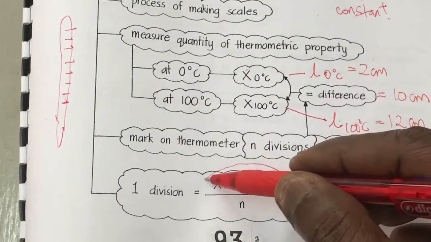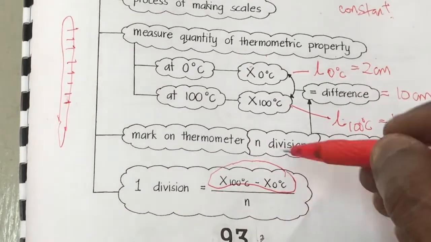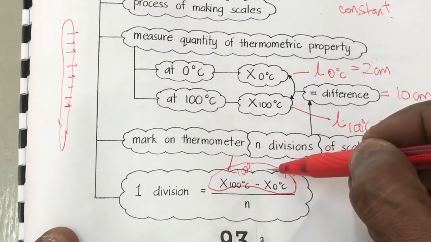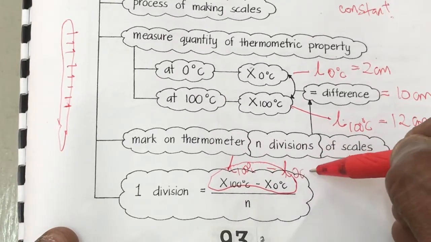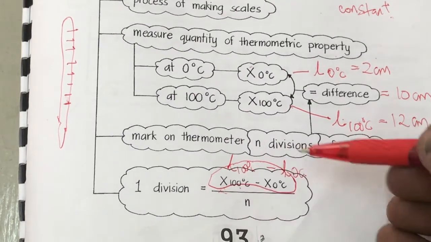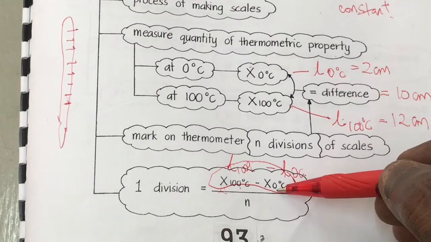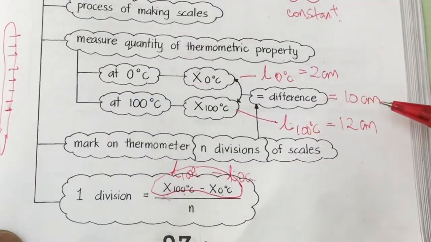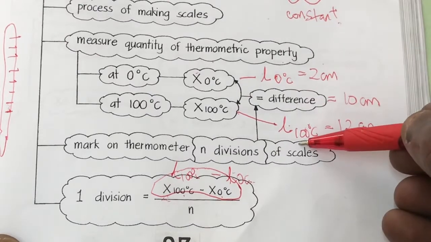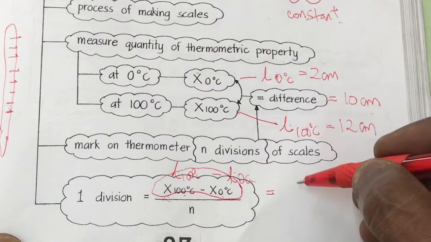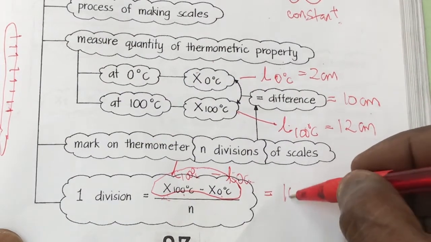So one division of the scale would be the difference. Remember this? X 100 was the length at 100 degrees Celsius minus X 0, the length at 0 degrees Celsius. In the example I did, the difference in length was 10 cm.